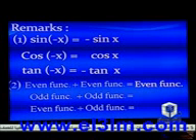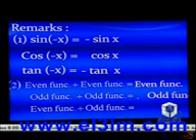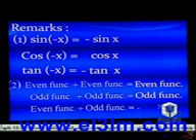If we add odd function plus another odd function, then the answer is odd function. But if we add even function plus odd function or odd function plus even function, then the answer is neither even nor odd.